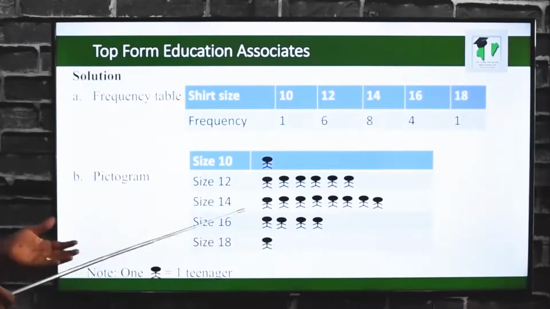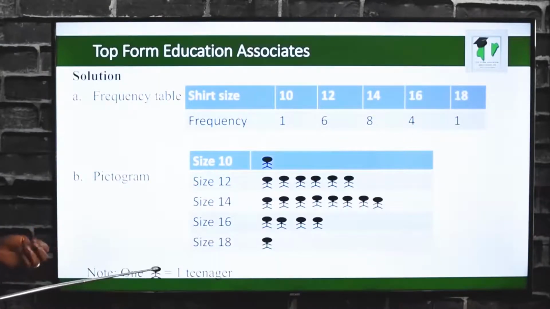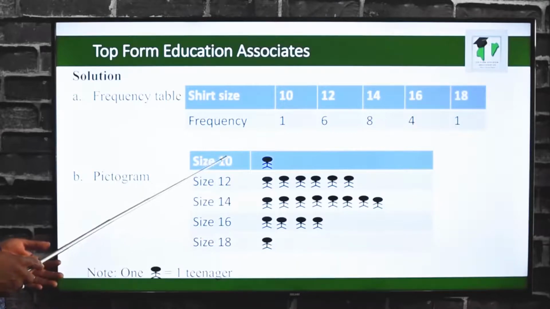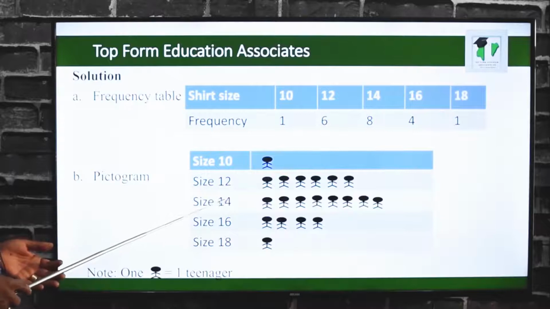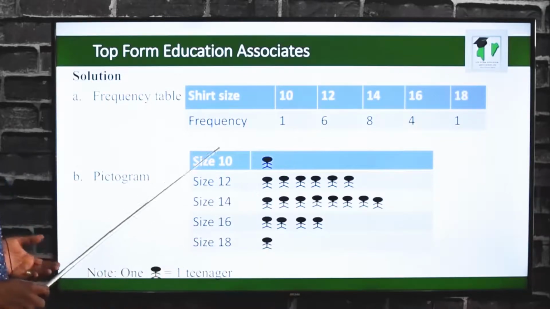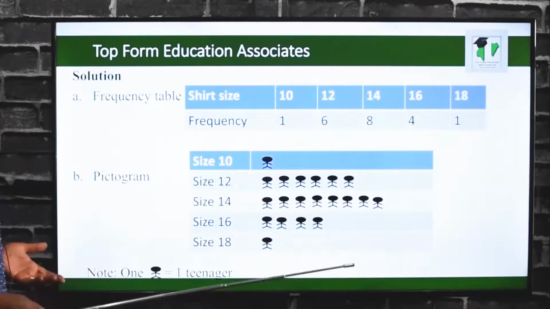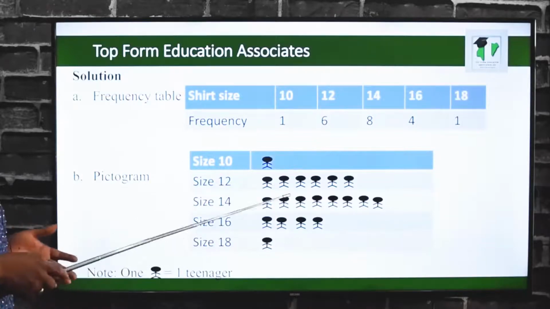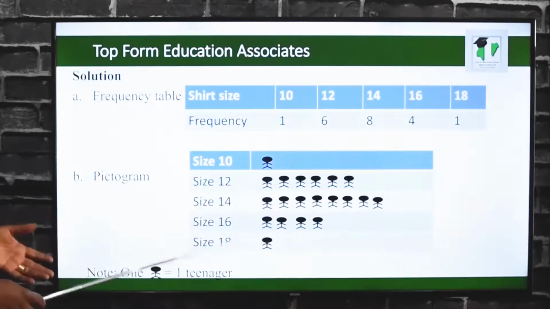So in pictogram, remember, we will always give a note, a guide. And here the note says 1 picture is equal to 1 teenager. So in the first column will be sizes of shirt, size 10, size 12, size 14, size 16, size 18. If you like, you add another row, and that row you will now say size and frequency. But the important thing is the shirt sizes and number of students that have each size.